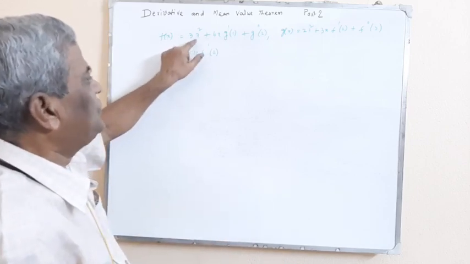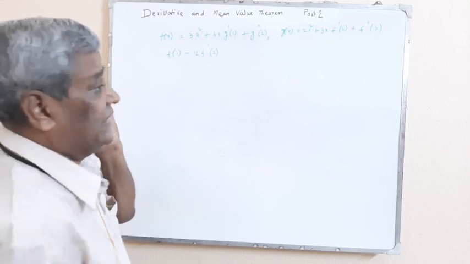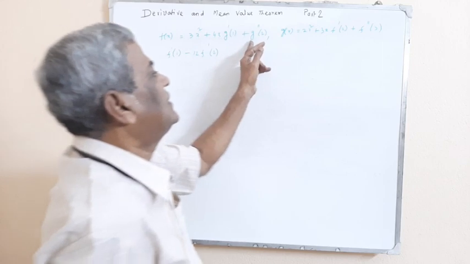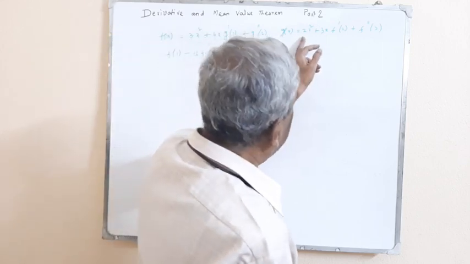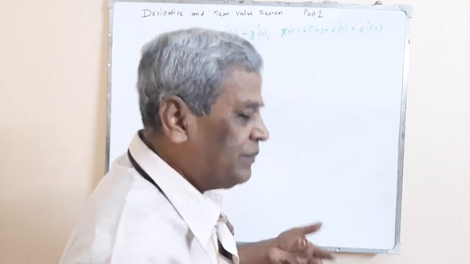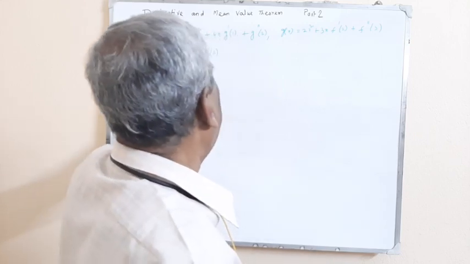f(x) is a function of x and there is some constant g dash. So f(x) depends on g dash. g(x) once again is a function of x and it depends on f dash, f double dash, etc. From there, tactfully we have to find this.